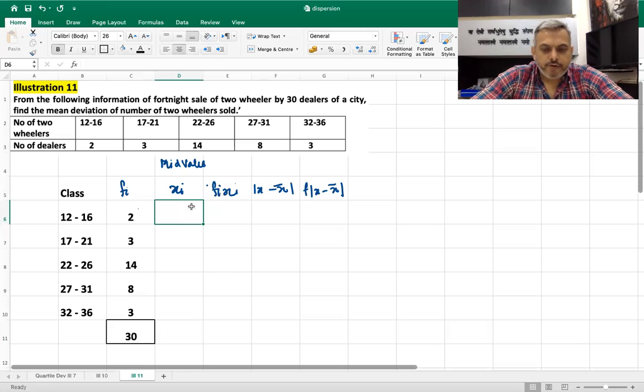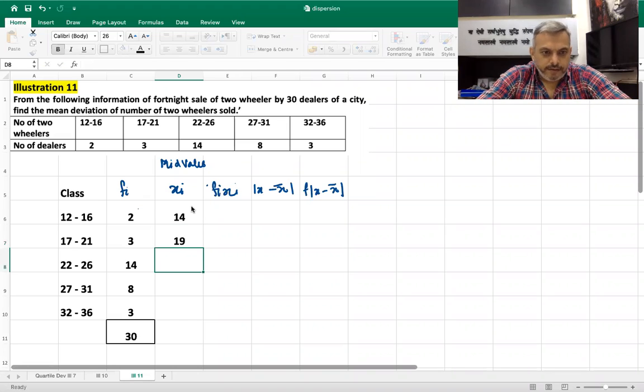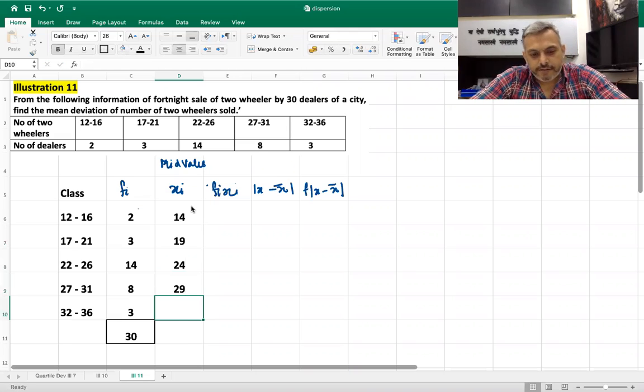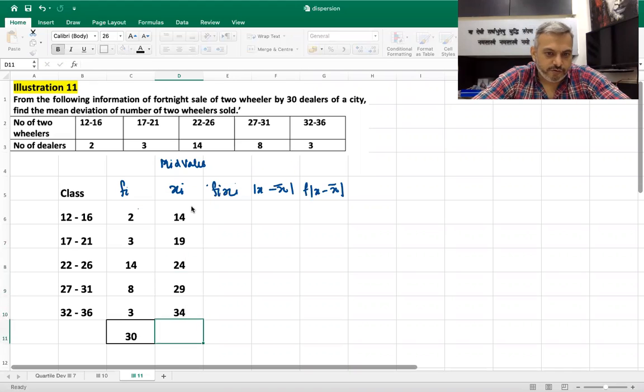Mid value: 12 plus 16 divided by 2 is equal to 28 divided by 2, which is 14. Then 17 plus 21 divided by 2 comes to 19. Then 22 to 26 comes to 24, 27 to 31 comes to 29, and 32 to 36 comes to 34.